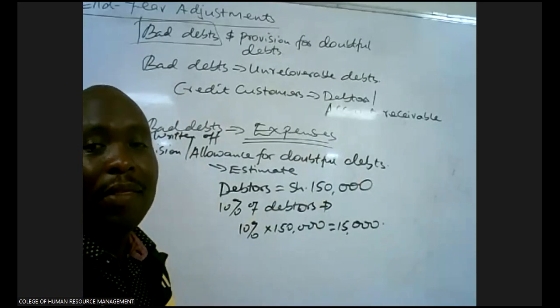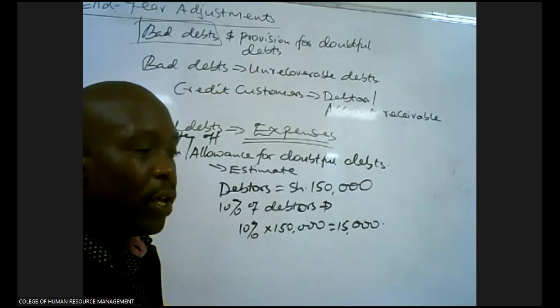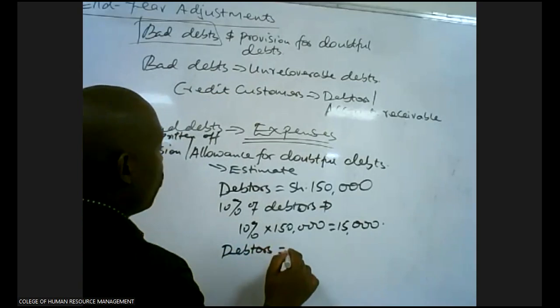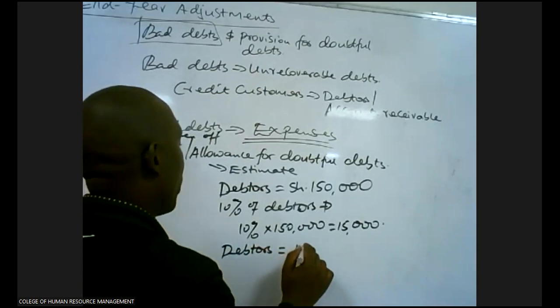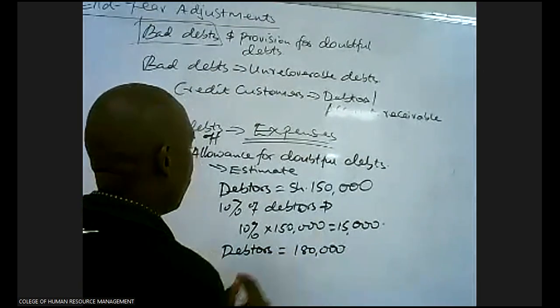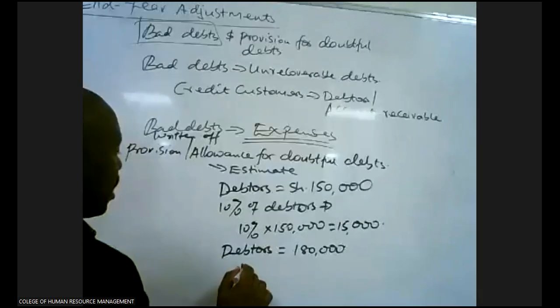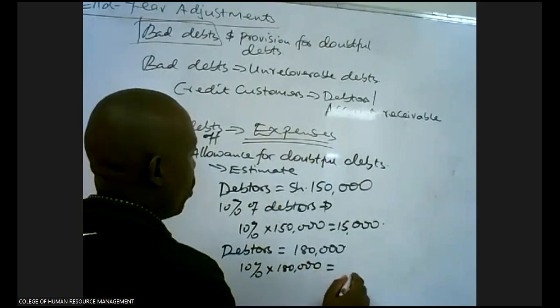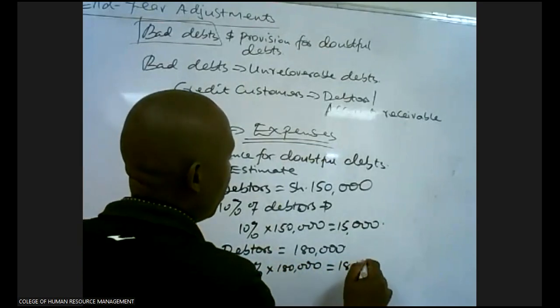So what will happen the next year, the following year? The following year, the amount for the debtors comes to what? Maybe 180,000. So the provision will be 10% times 180,000. What you are not going to cover or you are doubting to cover is 18,000.